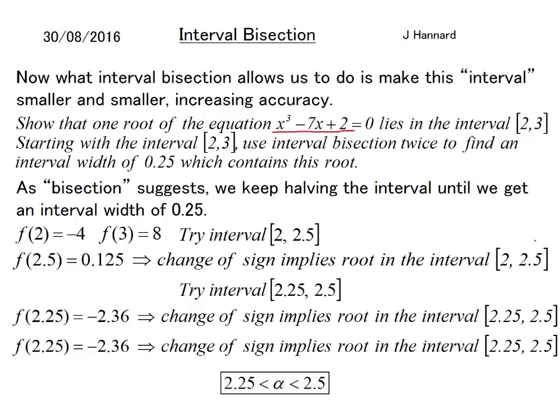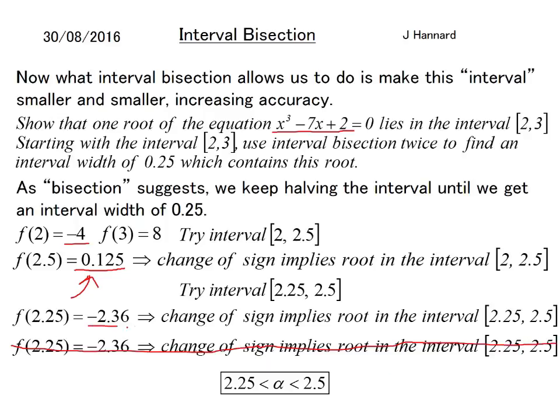So, next thing we do is try the interval 2.25 and 2.5, because 2.5 is much closer to 0 than 2 was, so I just chose that one. So putting a 2.25 in, you get -2.36. I don't know why I've written this out twice. It should really be that up there that I've got, so just forget this second line here.